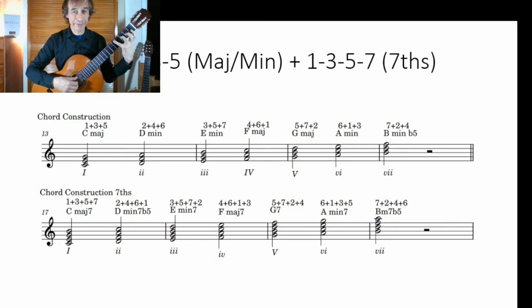It actually says D minor 7 flat 5 in the diagram. Ignore that. D minor 7, terribly sorry. So D, F, A, C. And that gives us our D minor 7 chord. Next, chord 3, E, G, B, D. That gives us E minor 7.